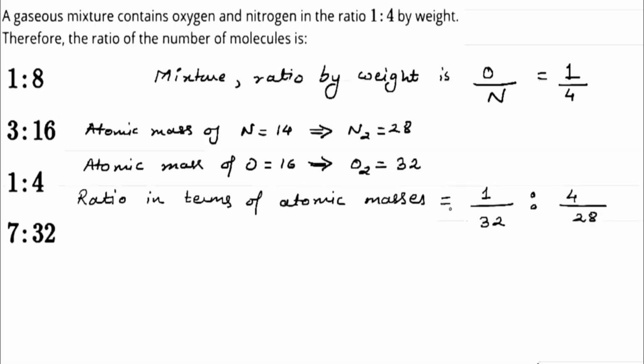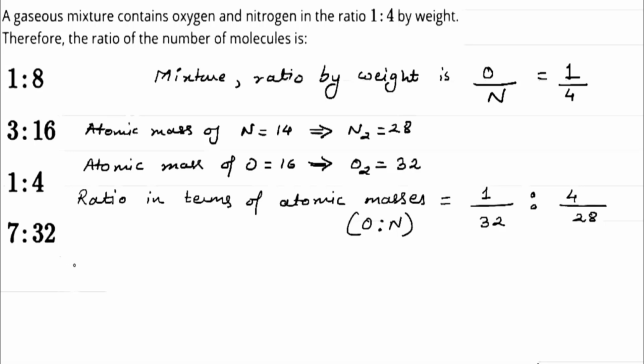So that is for oxygen is to nitrogen, which we were talking about, which is 1:4. This would be for your oxygen, this would be for your nitrogen. Now, proceeding further, since the atomic masses have already been given, we can now give it in terms of number of molecules.